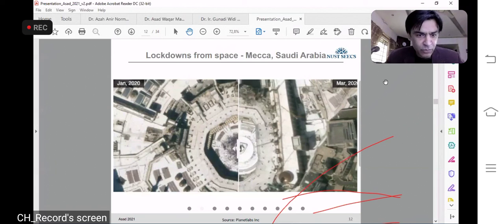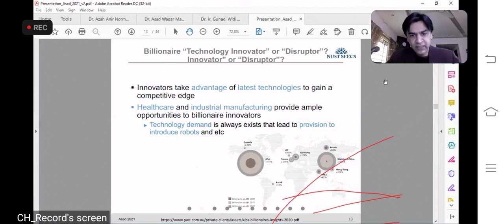If you move on to the next slide, as I mentioned, in technology we have the concept of the innovator and the disruptor. A disruptor is one of a small number of innovators that can actually disrupt the technology, which means they can come up with a technology which can bypass or surpass the existing technologies or vendors, so they can totally shift the technology paradigm.